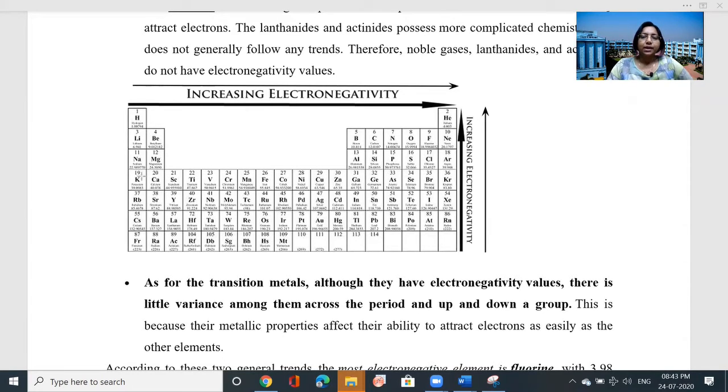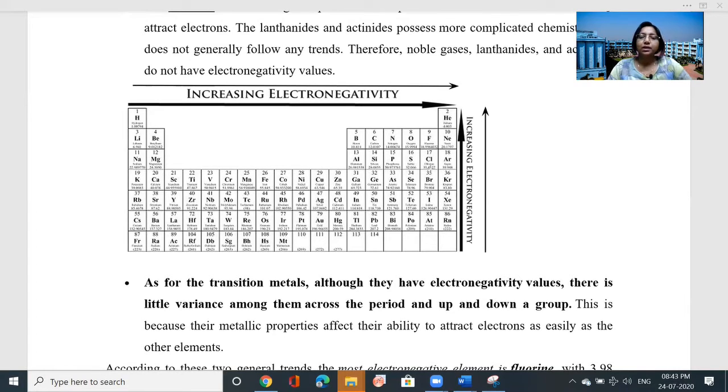For example, here you can see hydrogen. Hydrogen is at the left side. Hydrogen can form a compound with chlorine. So here is chlorine.